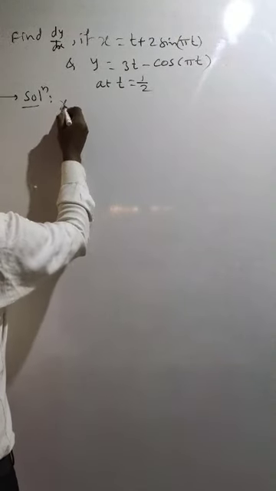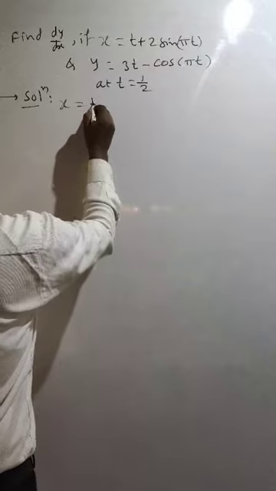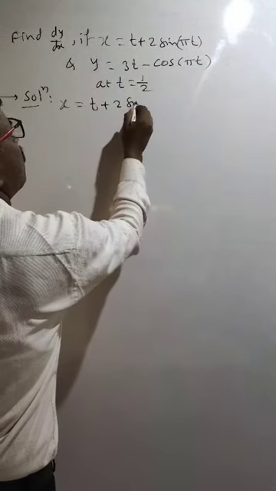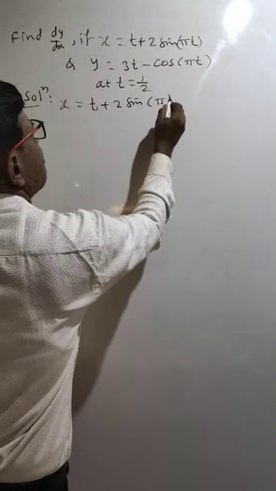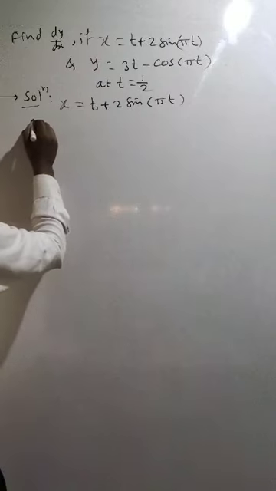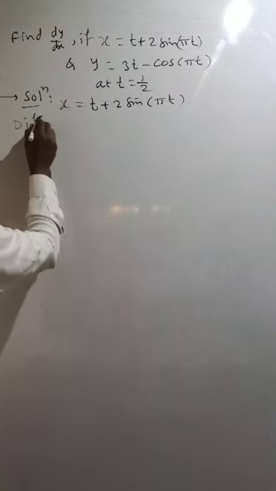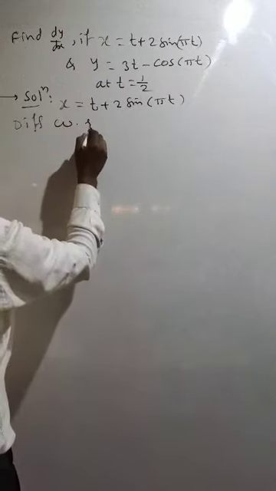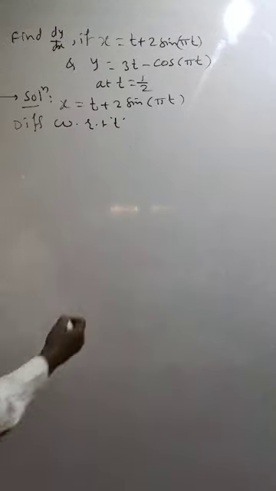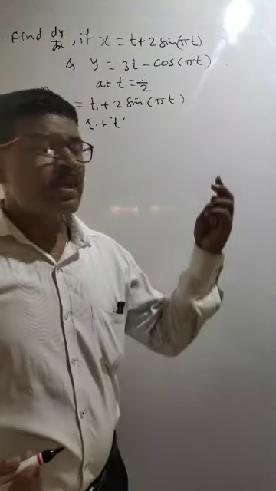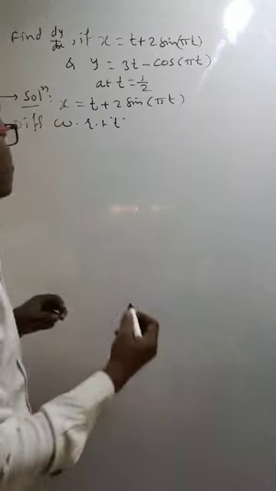x equal to t plus 2 sine of pi t. Differentiate with respect to t.